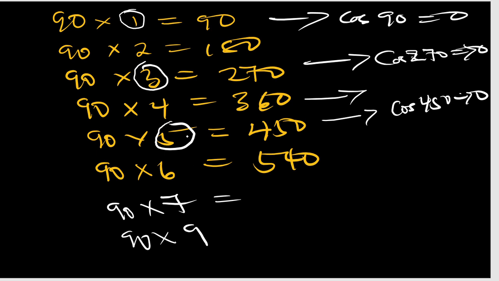So we can generalize, right? The general expression to represent these values, the odd multiples of 90, and the best expression to achieve that is 2n plus or minus 1.